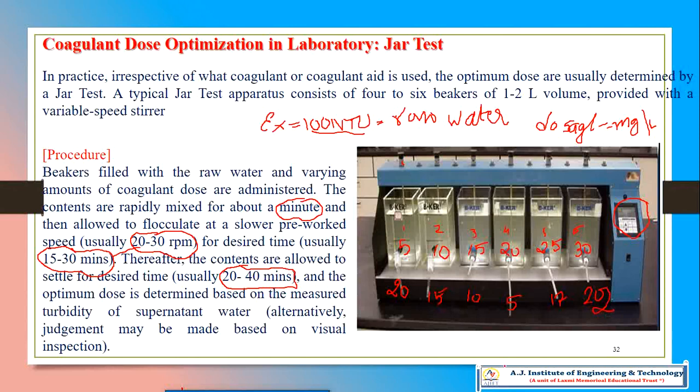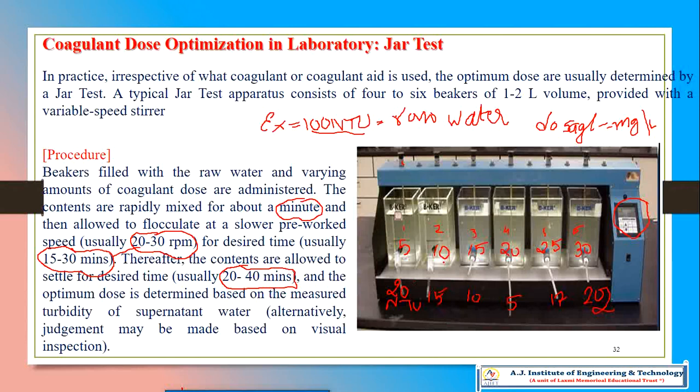So here, if you use a low dosage of 5 to 10 milligram per liter, what does turbidity removal mean? It was 100 initially, which means highly turbid, with a lot of suspended solid particles in the water. Now it is reduced to 20 NTU in the first tank, but not to 5.